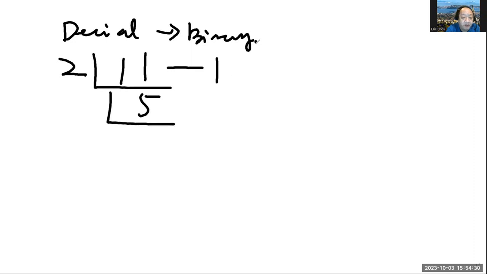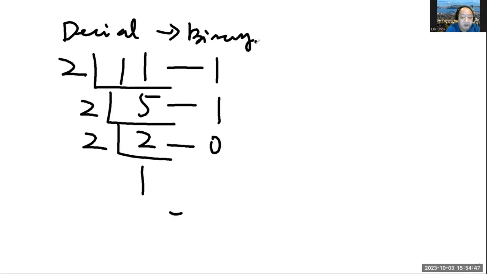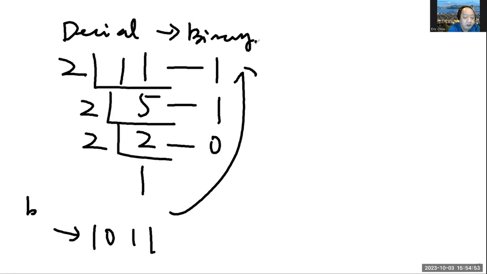So 5 divided by 2, how much? 2 remainder 1. 2 divided by 2, how much? 1 remainder 0. So you read from here to here, it is 1, 0, 1, 1. This is its binary number. Okay?